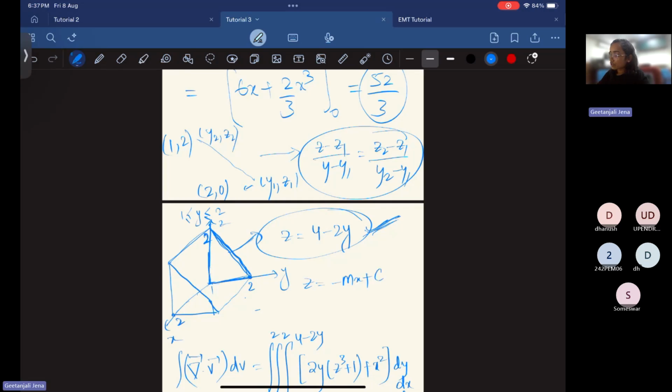It's better to use this formulation because if it is not origin, then you will get wrong value. Okay, let me move to our next problem.